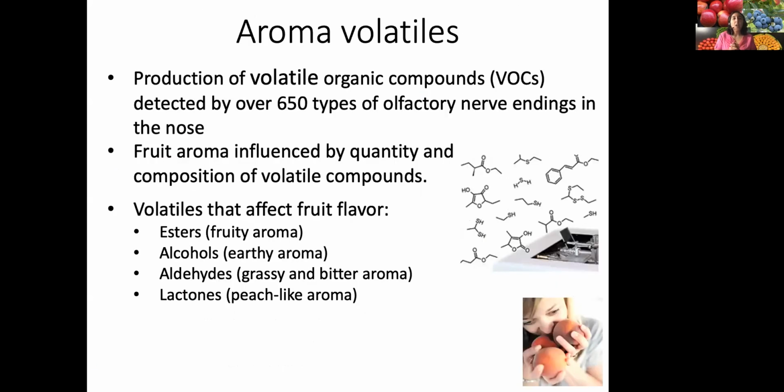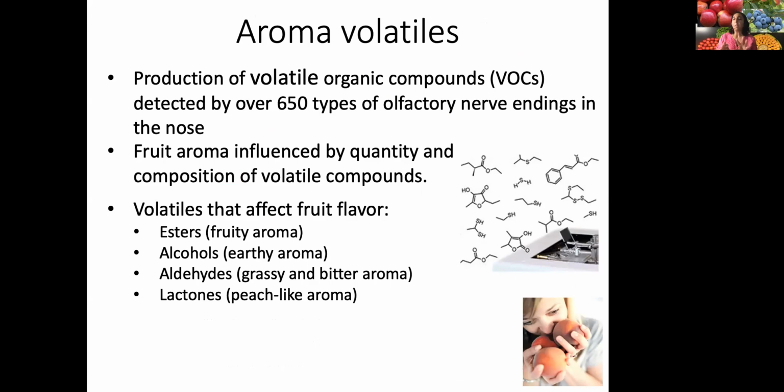And then finally, we also mentioned aroma volatiles, a key component of fruit quality too, interacting with sugars and acids in order to define the flavor of fruits. I want to say that the production of volatile organic compounds can be detected by over 650 types of olfactory nerve endings that we have in our nose. So we are really receptive to all of these volatiles.